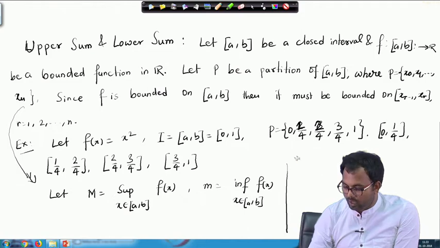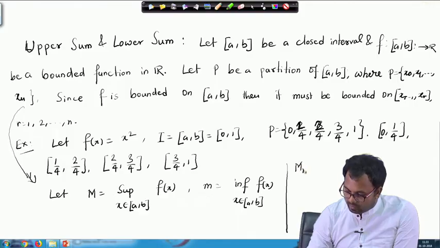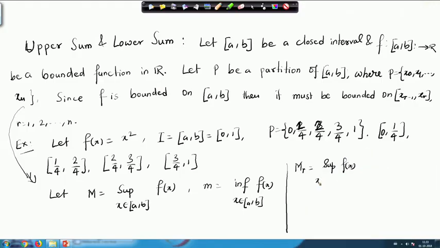Similarly, for these subintervals [xr minus 1, xr], we define capital Mr as the supremum of f(x) on the interval [xr minus 1, xr], and small mr equals the infimum of f(x) for all x in [xr minus 1, xr], where r is running from 1, 2, 3 up to n. All right.